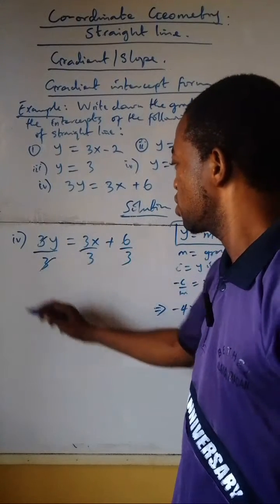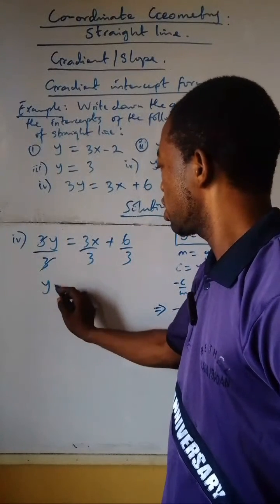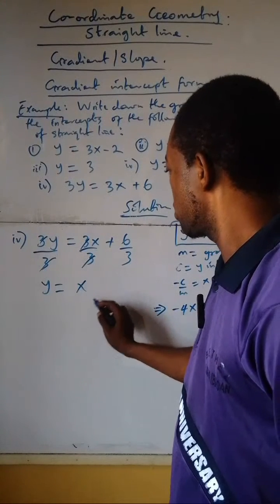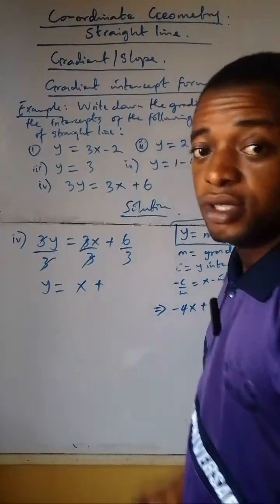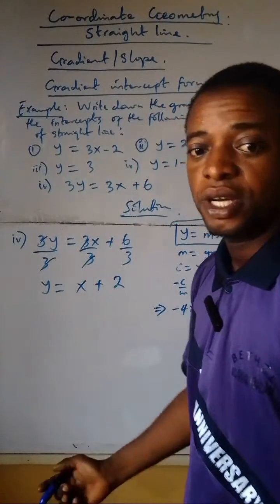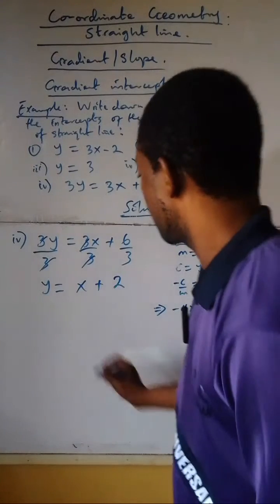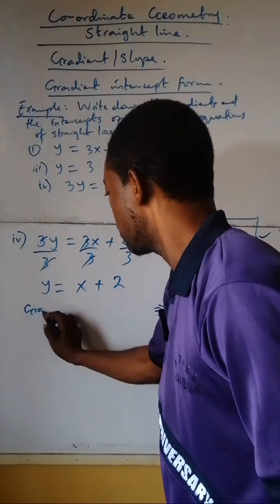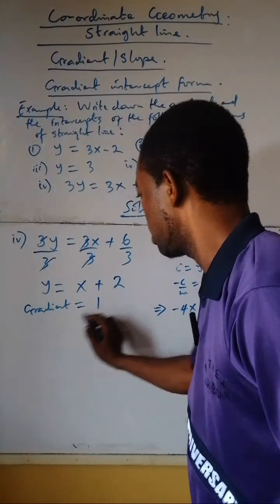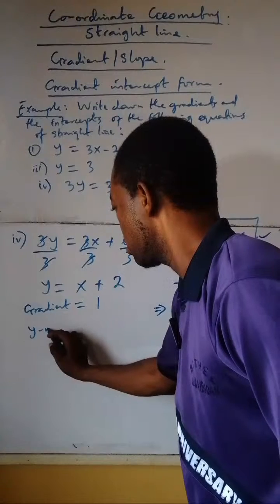Here the 3s cancel each other. We are left with y equals, also the 3s cancel each other here, we are left with x, then plus 6 over 3 here. That's of course 2. So this is the equation we have now. Which implies the gradient, the coefficient of x, is therefore 1.